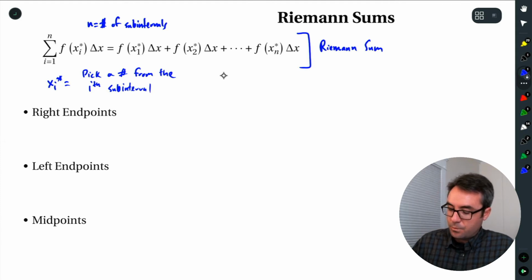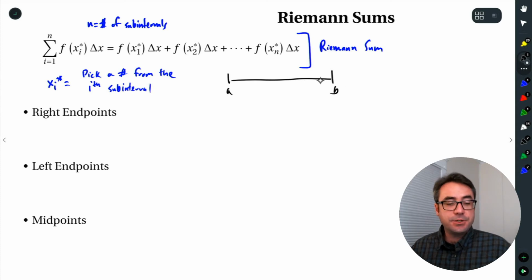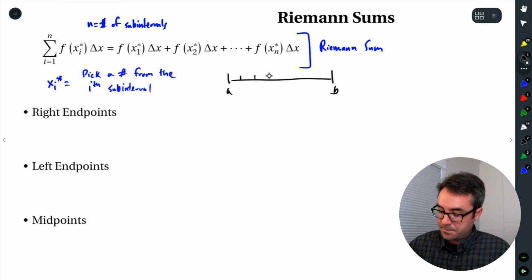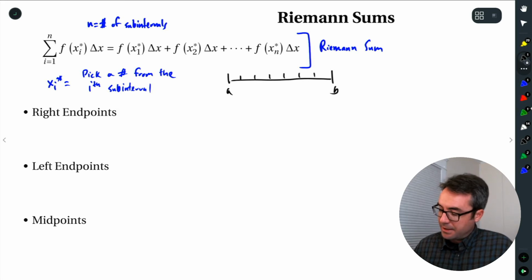So we're going to have this interval from a to b, as we've been doing. We're going to slice this up into a whole bunch of smaller subintervals, just like we've been doing. And we're going to look at the ith one.